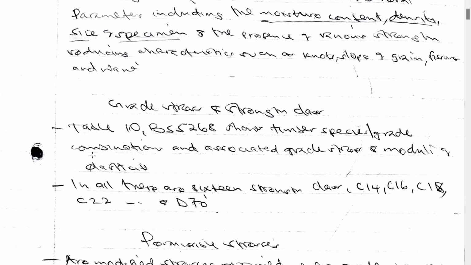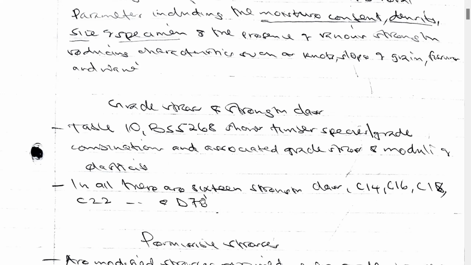Now, what we mean is that in this table 10 of BS5268, you will find timber classes like class C14. It gives you the bending stress, the shear stress, the compression stress, and it gives you the modulus of elasticity. So you move along a row and obtain the properties of each of the timber classes.